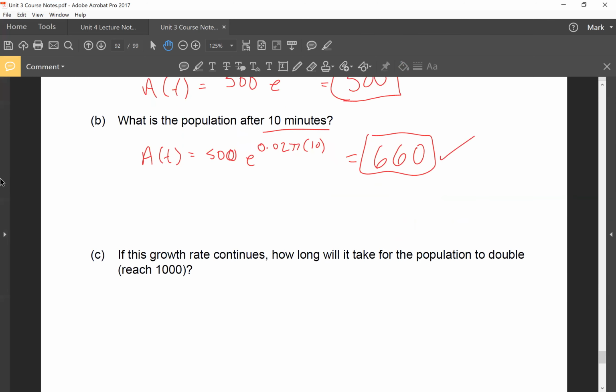Now it gets a little harder. If the growth rate continues, how long will it take the population to double to reach 1,000? Well, all right, let's see. So my population here is going to be 1,000 equals 500 e to the 0.0277t. I'm just putting it into the equation, except now I put a t there.